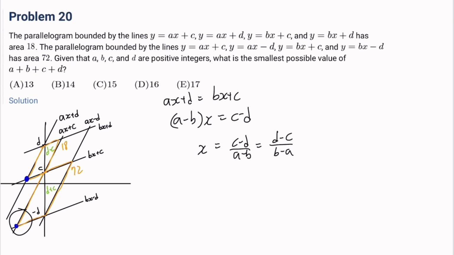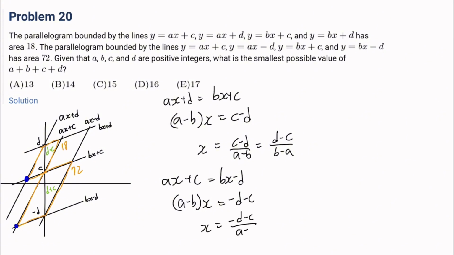And then for this one, that's going to be ax plus c, because that's this line, ax plus c and bx minus d, right? So it's ax plus c equals bx minus d. So that will give us a minus b times x equals minus d minus c. So x equals minus d minus c over a minus b, and we'll just change that to d plus c over b minus a, right?